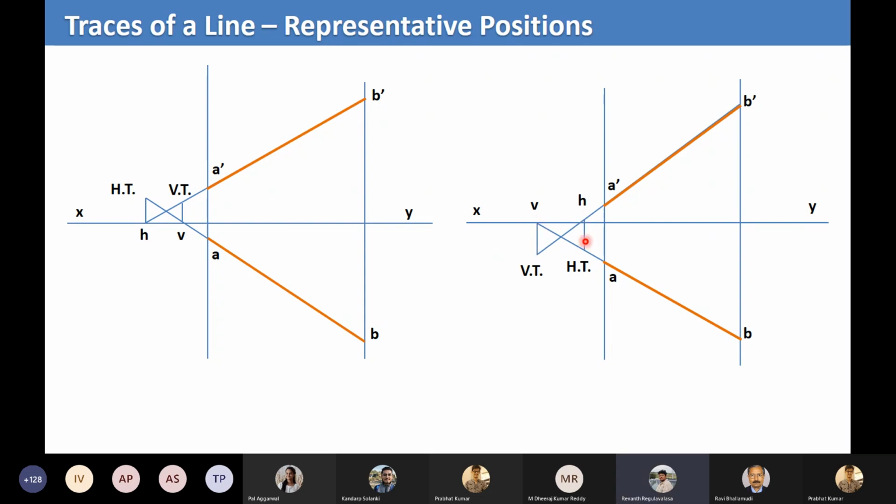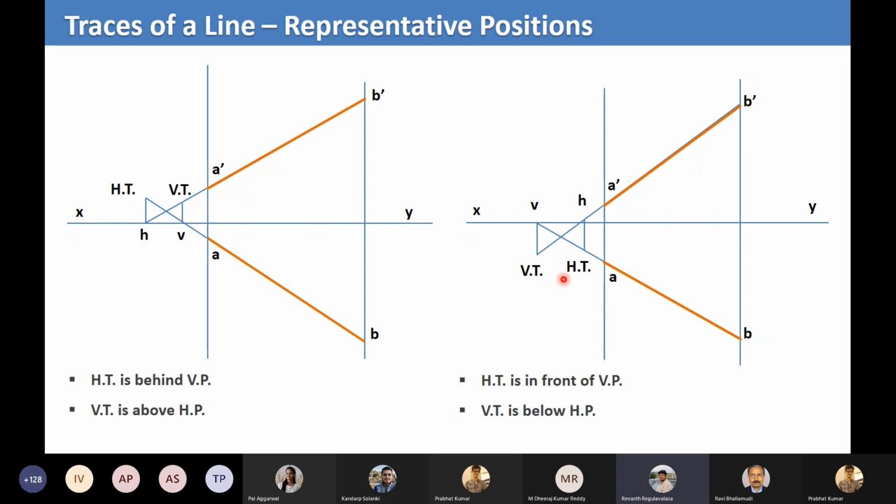The extension line from V will intersect the front view. Then we get VT. Similarly with H, the extension line from H will intersect the top view. That is called HT, the horizontal trace. So that's it.